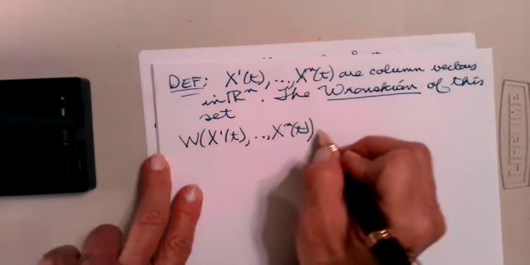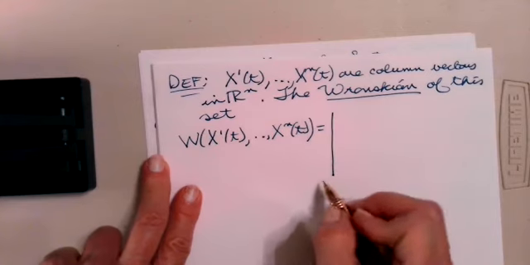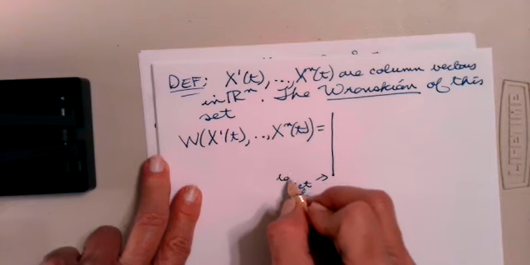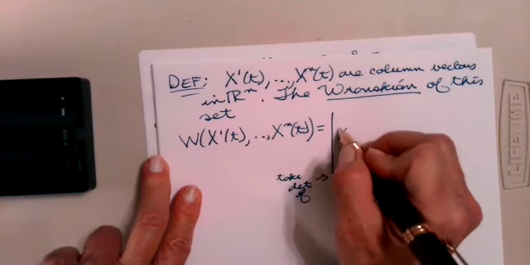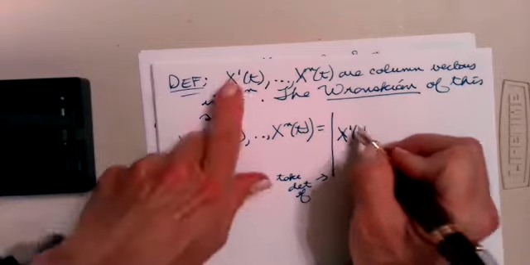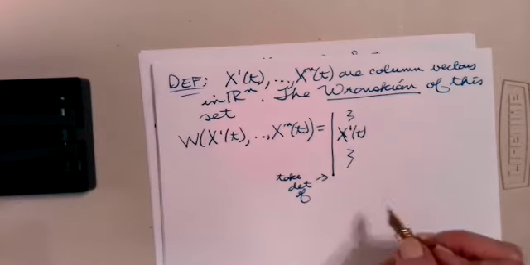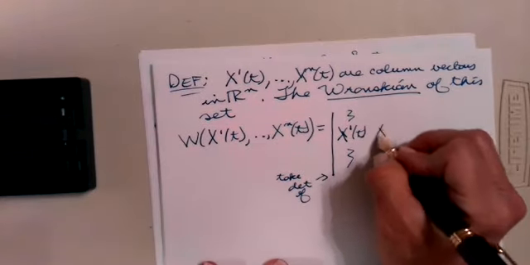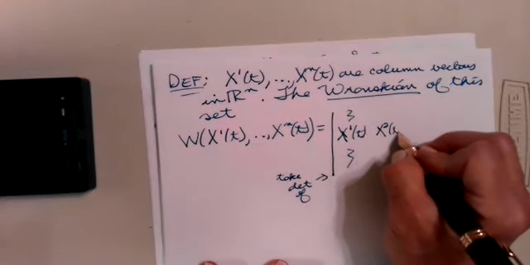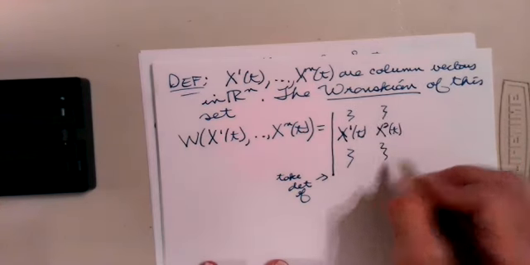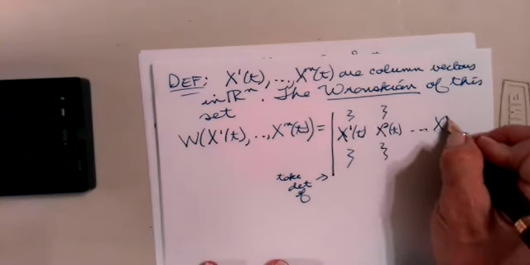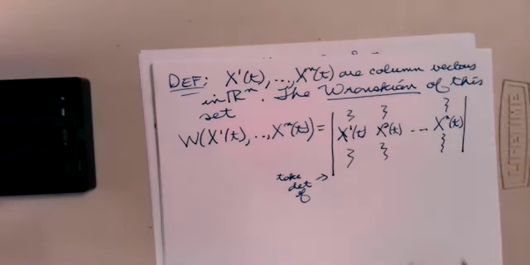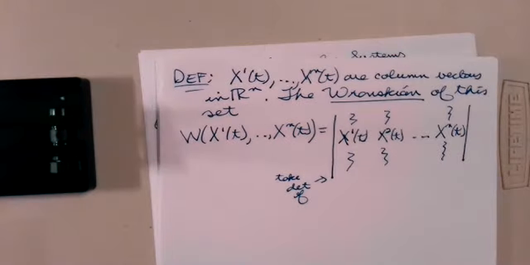You take the determinant of a matrix where you put in each one of those vectors as a column. You copy x1 as a column vector, then you put in x2, and then you put in up to xn of t. Okay.